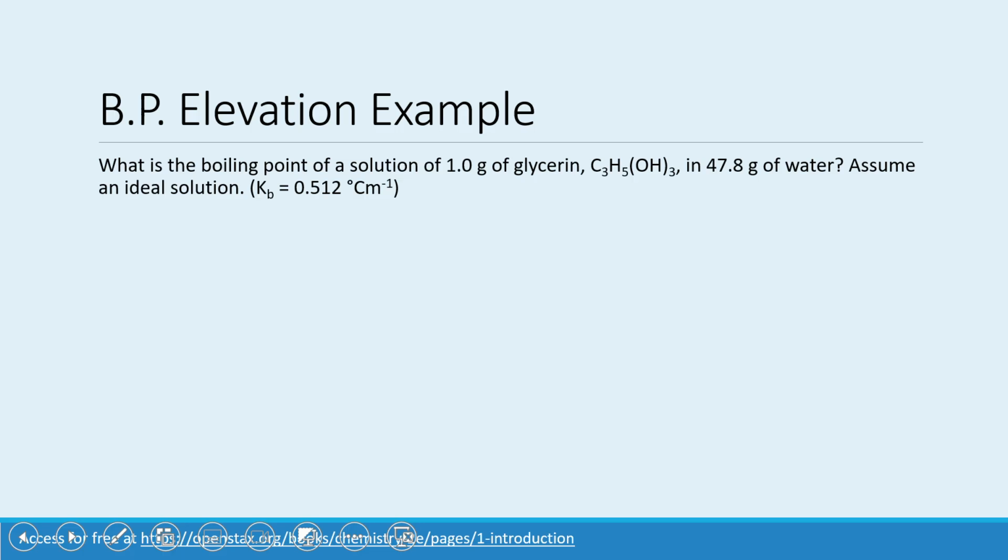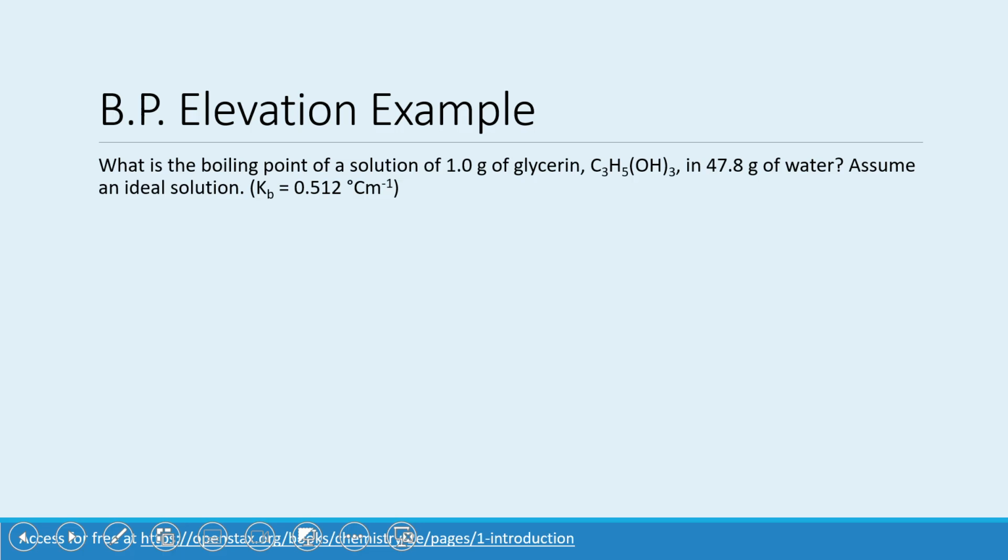Okay, so let's do an example with boiling point elevation. And remember that that change in T, that change in temperature, represents the change in your boiling point, right? So you'll have to add that back to the original boiling point of the solvent in order to get the new boiling point of the solution.